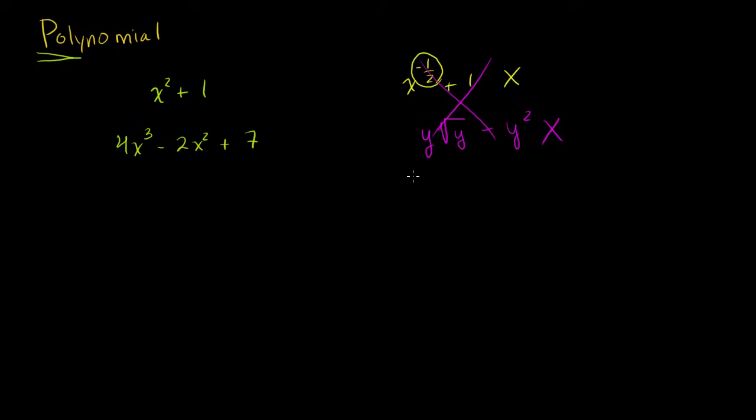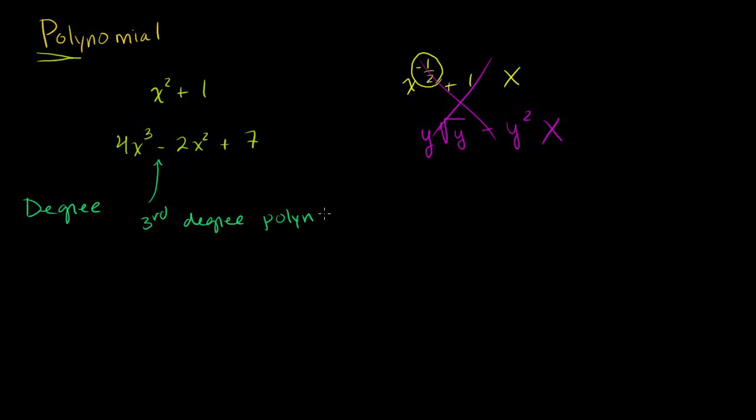Now, when we're dealing with polynomials, we're going to have some terminology, and you may or may not already be familiar with it, so I'll expose it to you right now. The first terminology is the degree of the polynomial. And that's essentially the highest exponent that we have in the polynomial. So for example, that polynomial right there is a third degree polynomial.